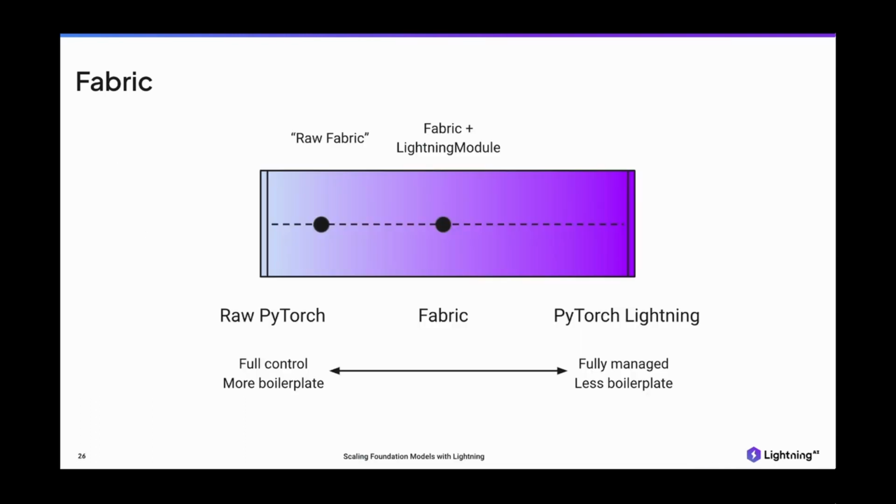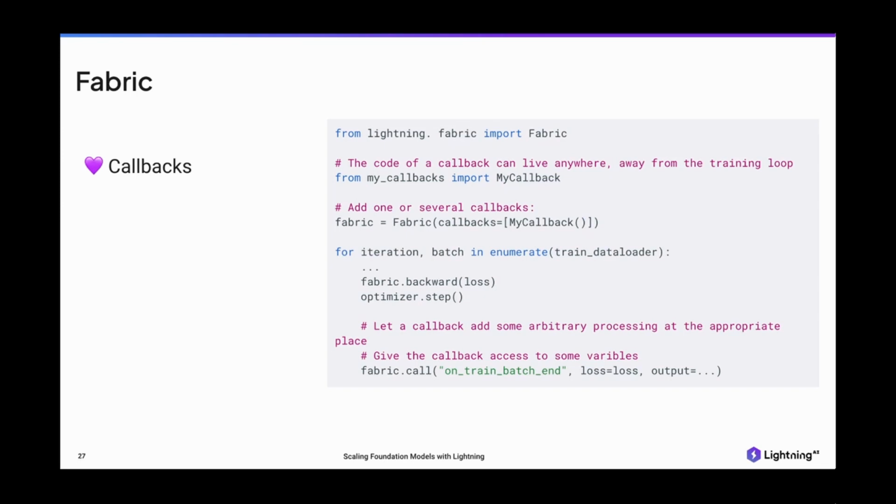So this is another data point in the gradient, but then you can also use callbacks the same way you use them in the trainer, with the difference that now it's you who is calling the callbacks, or triggering the events, essentially.